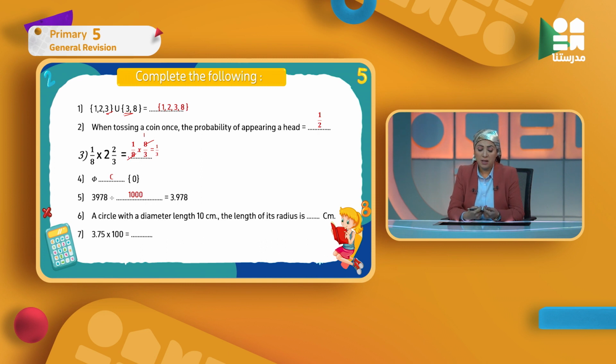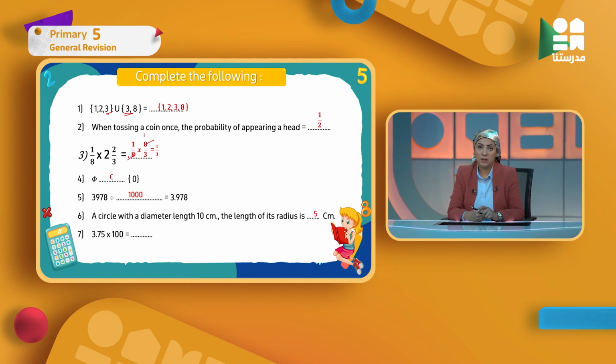Question 6, a circle with a diameter length 10 centimeter, the length of its radius is, we know that the radius length is half of the diameter length, so it's 10 divided by 2, so it is equal to 5.